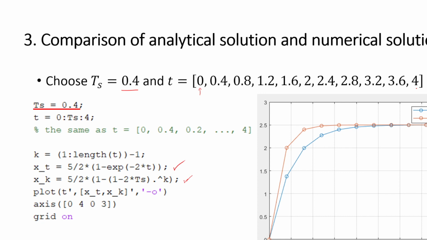So the solution from the numerical method represents the discrete system. Okay, so try to be clear between continuous and discrete, analytical solution and numerical solution. And try to make these terms clear, because when I use these terms, you can immediately catch up.